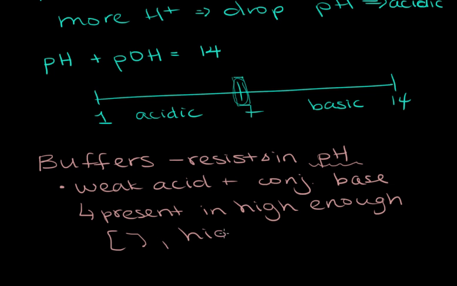Higher than either the substrates or products. Because if the substrates or the products of the reaction are in higher concentration than the buffer, then suddenly these control the pH. So buffers are typically at 1 molar concentrations, whereas substrates and products would be on the millimolar side of concentration.